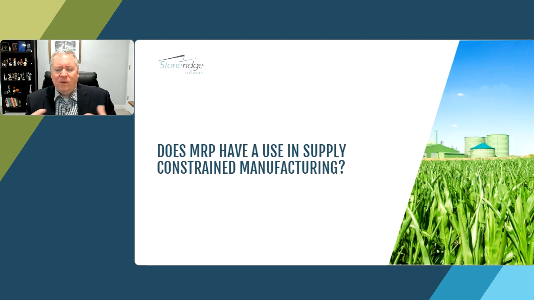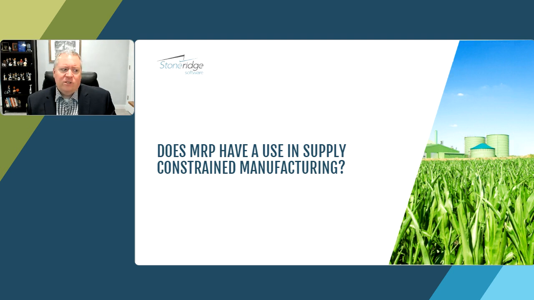So with that being said, does MRP have a use in supply constrained manufacturing? You might be thinking, well, if I'm just producing what I have available to me, do I really need to take into account MRP, or is there a use for MRP? And the answer is yes.